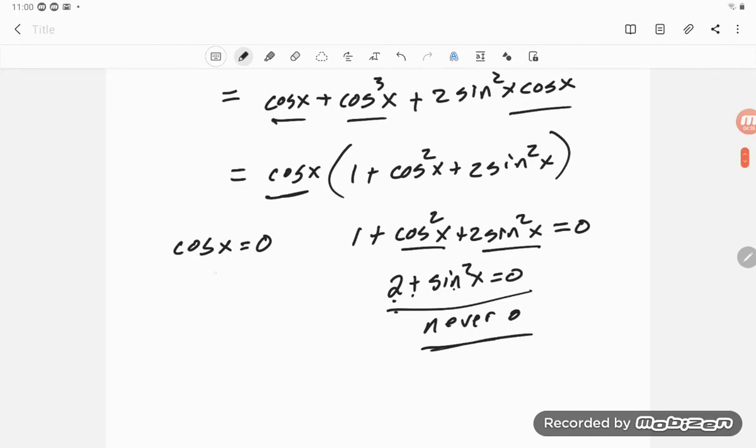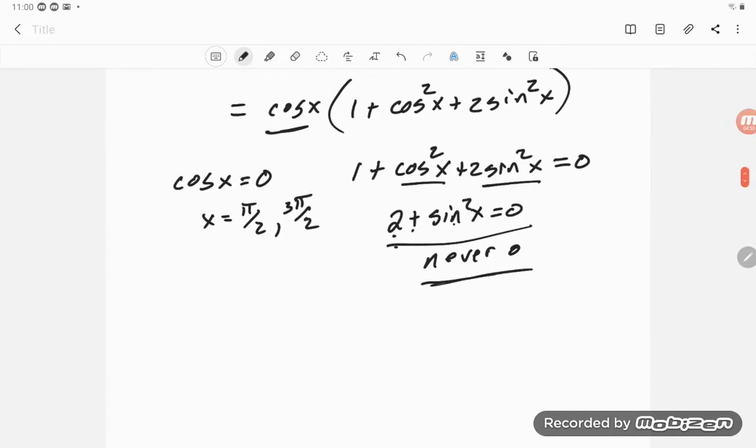And so we just have whenever cosine x is 0, and that is at x equal pi over 2 and at 3 pi over 2. I just have those two critical numbers. So this could have been really nasty, and I could have really needed technology to get this, but it's a book problem.